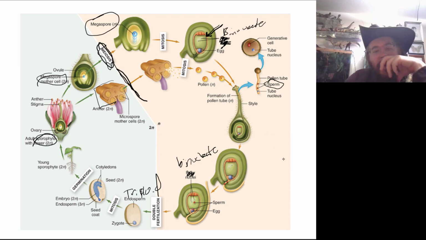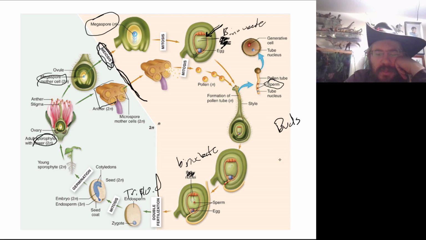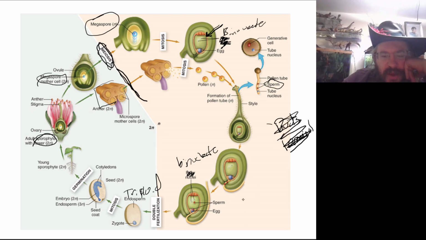So we have the buds, basically the terminal. So when you have that embryo there, if you remember your plant terminology, we talked about vascular plants having the apical meristem, roots and shoots.